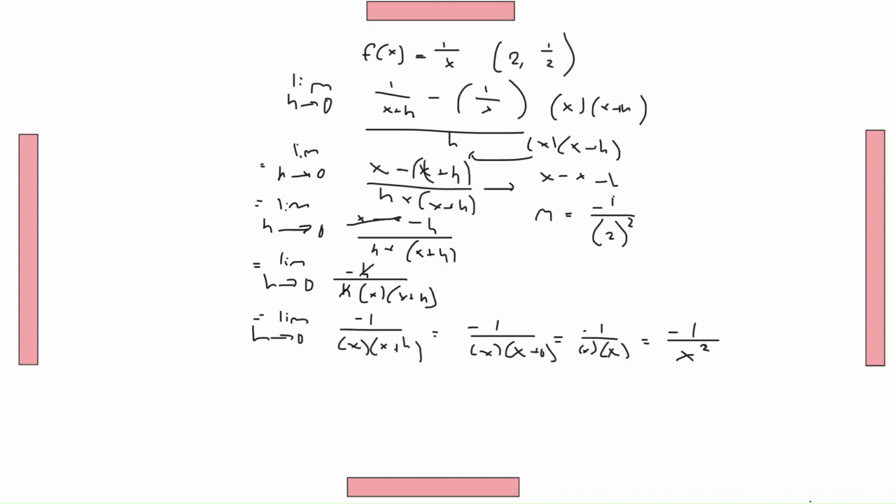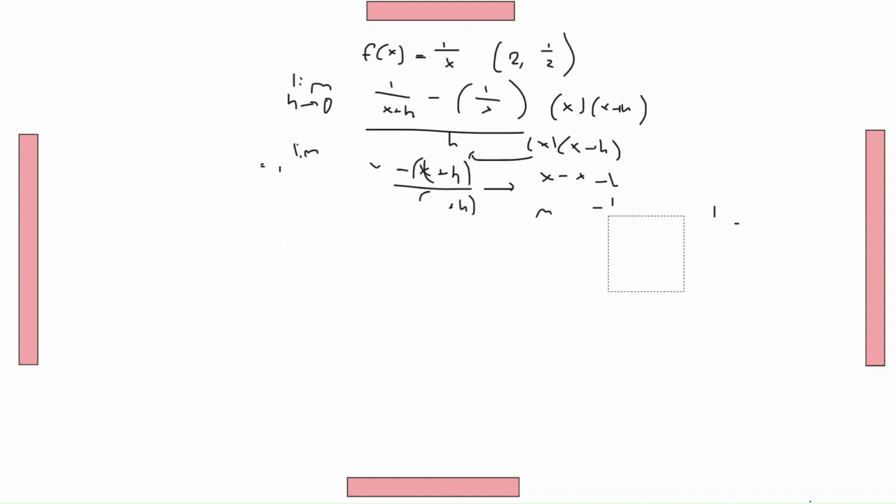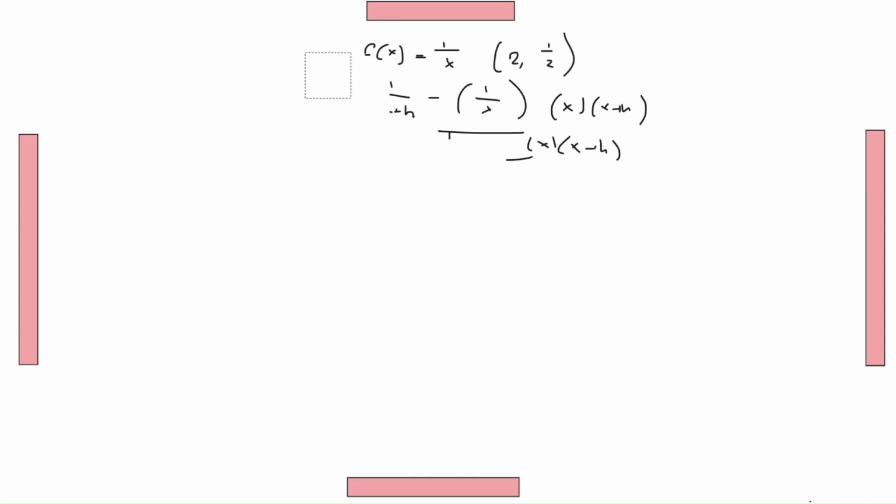We'll get -1 because we're just putting in 2, and we'll get -1 over 4, or a -4th, and that's going to be our slope. So if you're wondering why are we finding this slope, I'll show you really quick in this example. So I'm going to erase the whole limit process, and let's remember that our slope was -1/4 for this point.